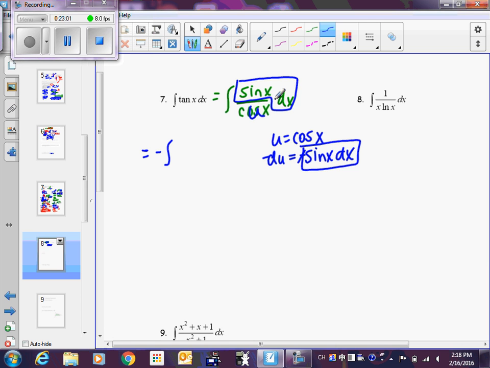So a lot of people on this would say, well, wouldn't it be easier to let u equal sine x and then we wouldn't have to deal with the negative? The problem is your du is in the wrong place then. Okay? So if we do it like this, it turns into a simple problem. The first step on this, rewriting this and using a trig identity, is the hardest part.